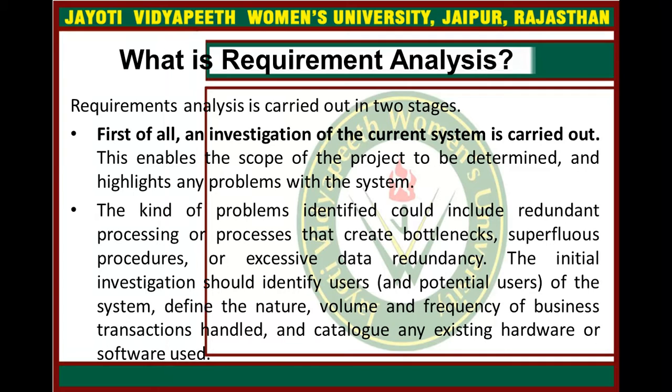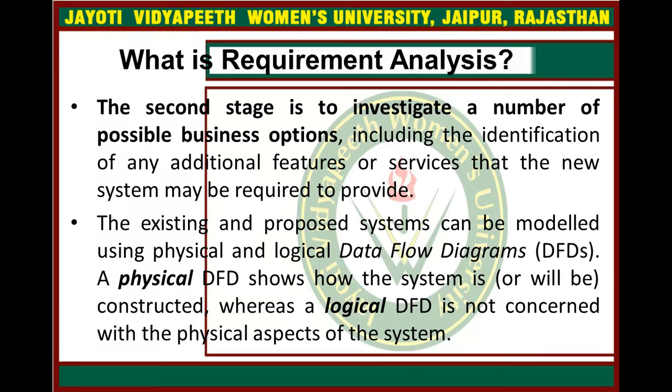The initial investigation should identify users of the system, define the nature, volume and frequency of business transactions handled and catalogued, and any existing hardware or software used. This is requirement analysis. The second stage is to investigate a number of possible business options, including the identification of any additional features or services that the new system may be required to provide.